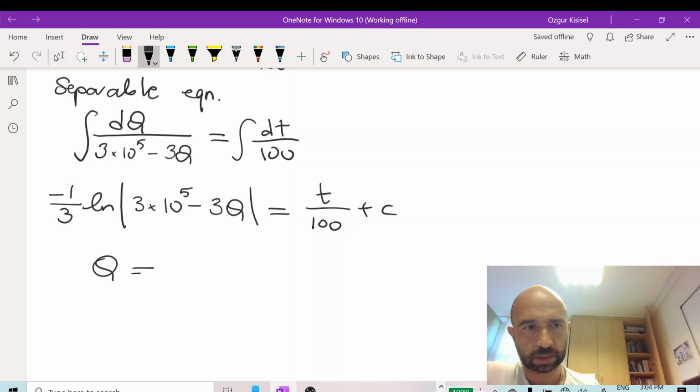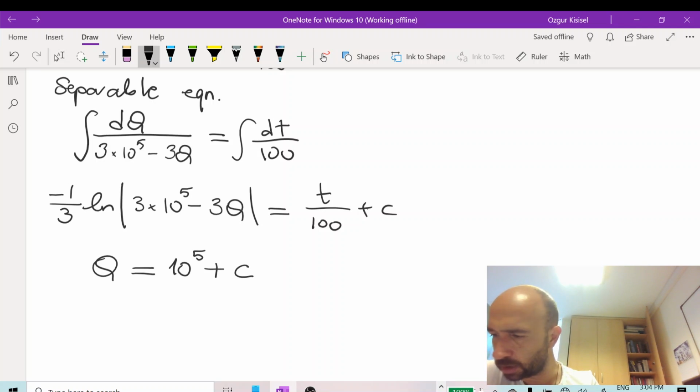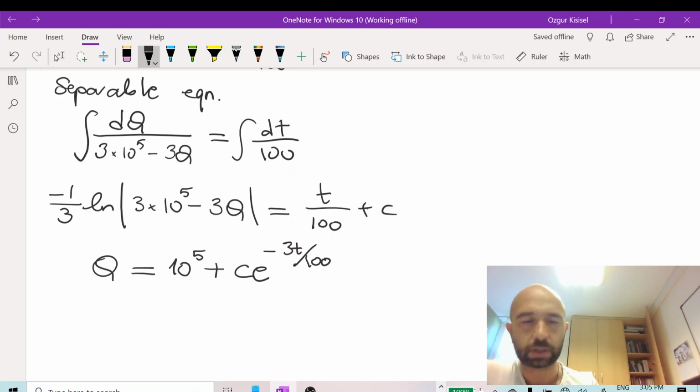Let me just write the final answer. It should be 10 to the power 5 plus C times e to the minus 3t over 100. This C is different from the C above. When you exponentiate, this will become e to the power C, and you rename it as C. Please do it yourself as well.